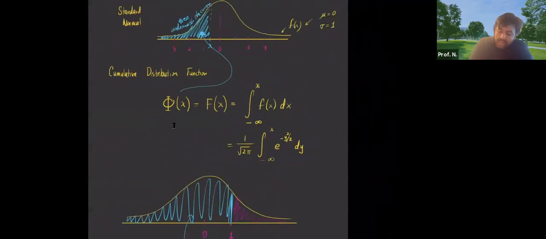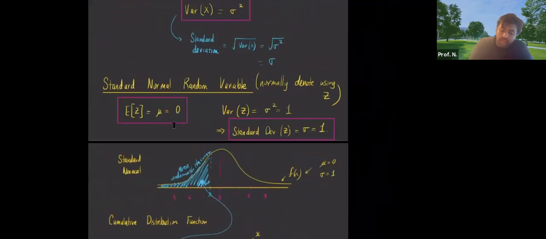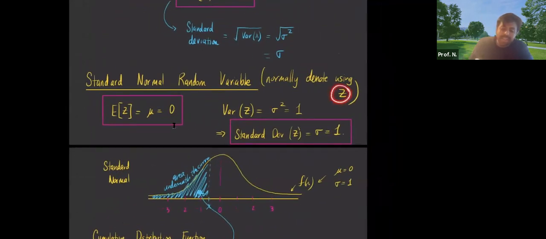Normally z is what's utilized to denote standard normal. So whenever you see z, uppercase, think standard. X is just a general random variable, but z particularly is the standard normal distribution.